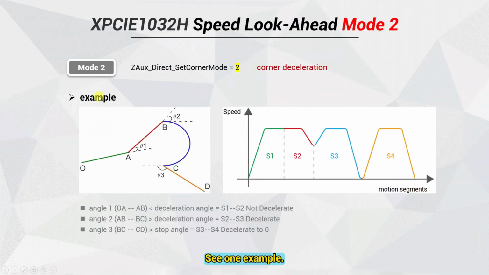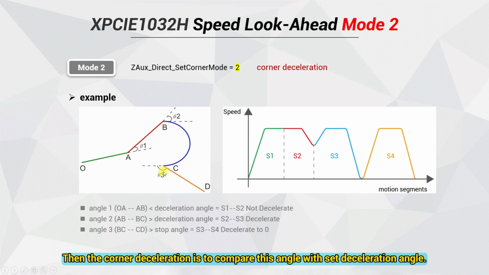See one example. There are 4 motions, S1, S2, S3, S4. Which means there are 3 connection positions. From OA to AB, and from AB to BC, then BC to CD. One angle is made between each 2 motions. It can be seen angle 1, angle 2, and angle 3.